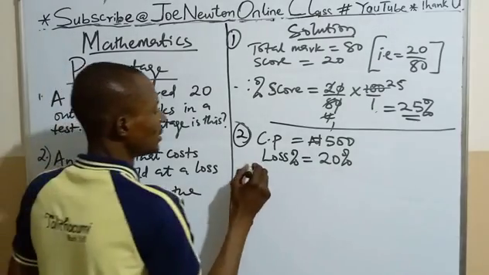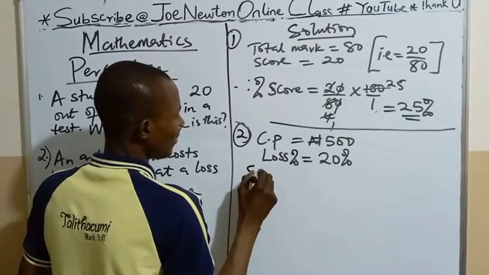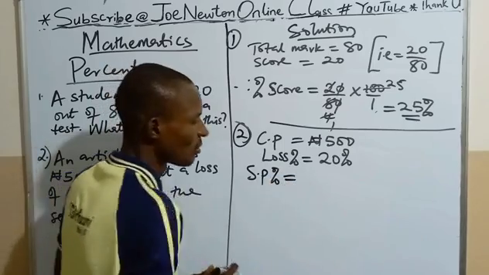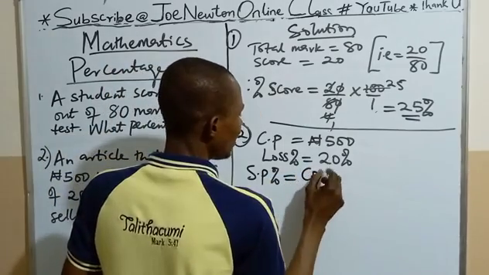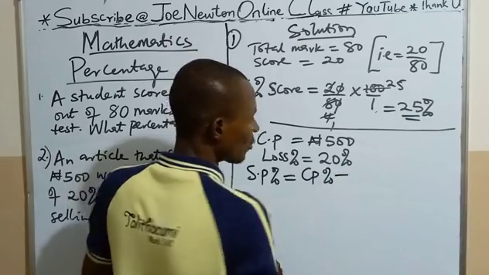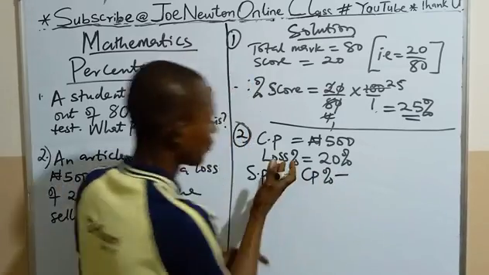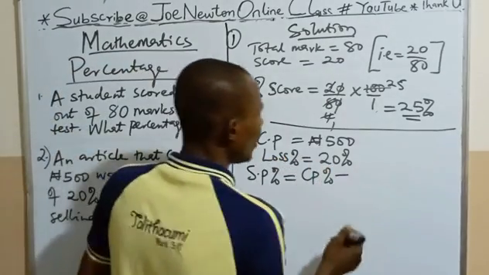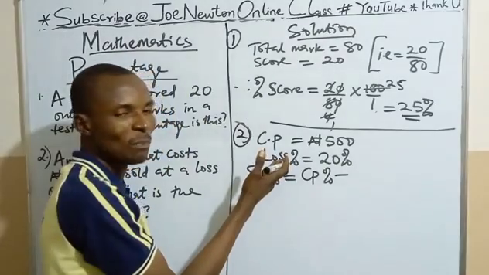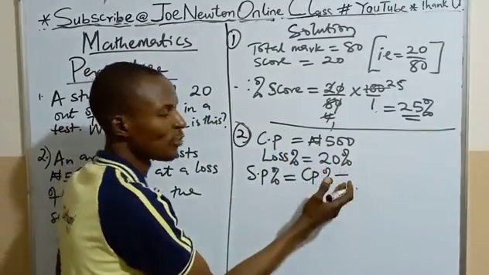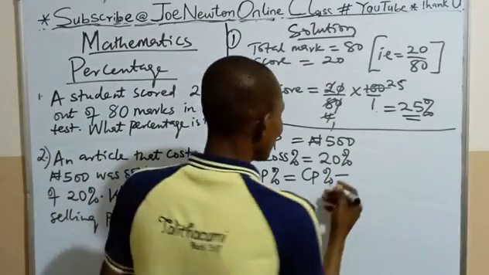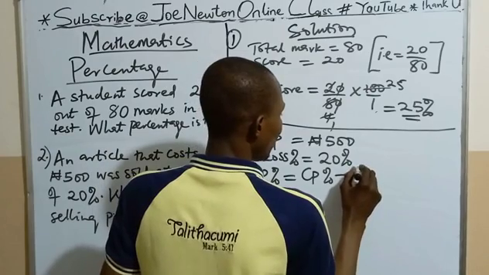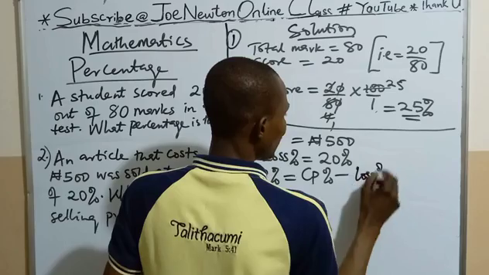We should know that the selling price percentage will be equal to the cost price percentage minus the loss percentage. Because of loss, we use minus here. Had it been gain percent or profit percentage, you use plus here.